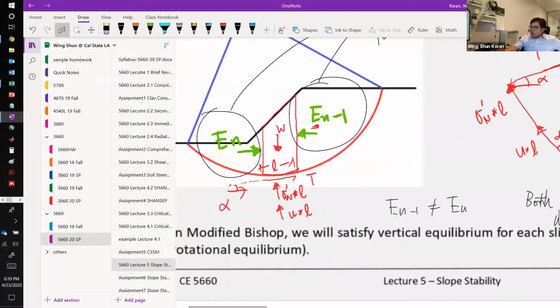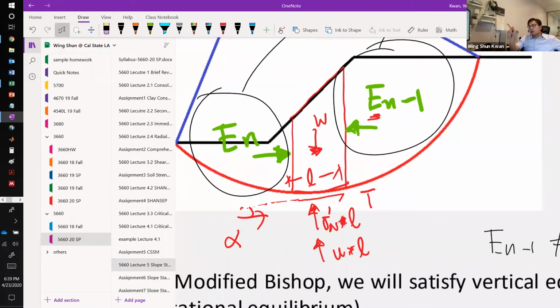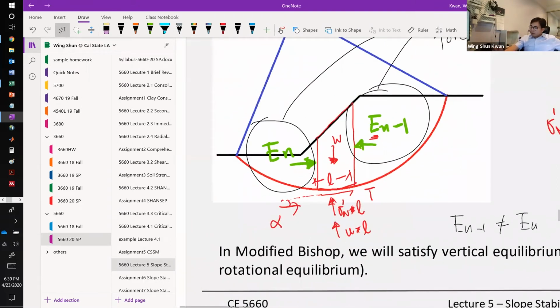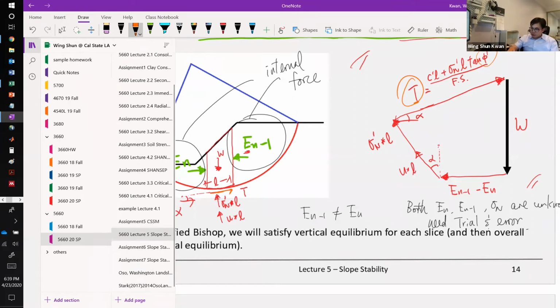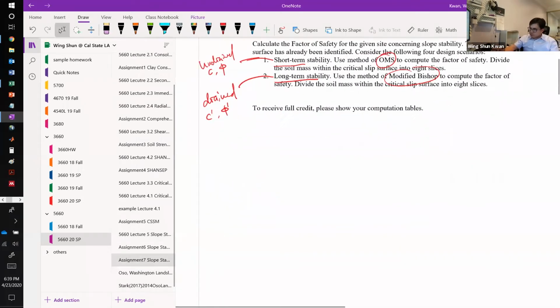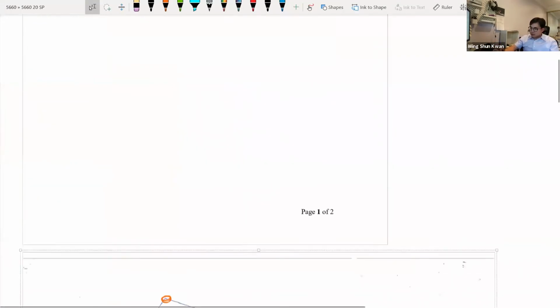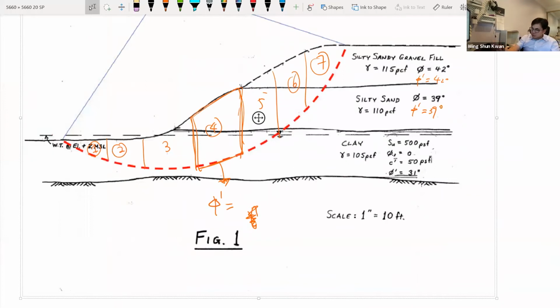And when we calculate, think of the beginning, when we hypothesized the whole thing, the T here, in terms of the friction angles, we are talking about the frictional force at the bottom of the slices. So in a slice like this, you have a friction angle of 39 degrees here, and another friction angle of 31 degrees here.